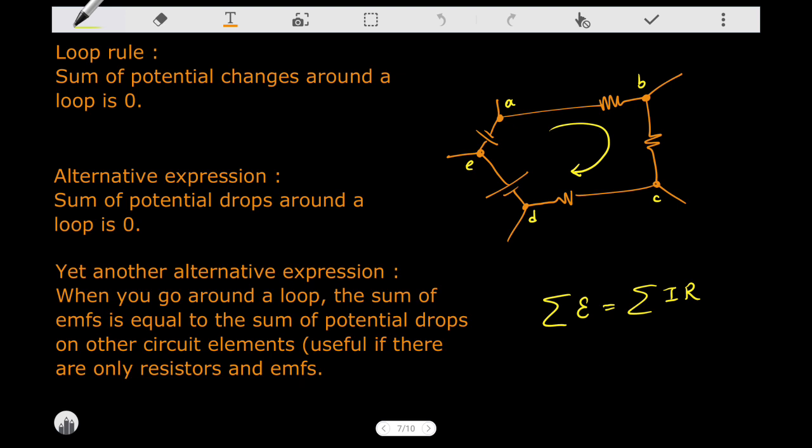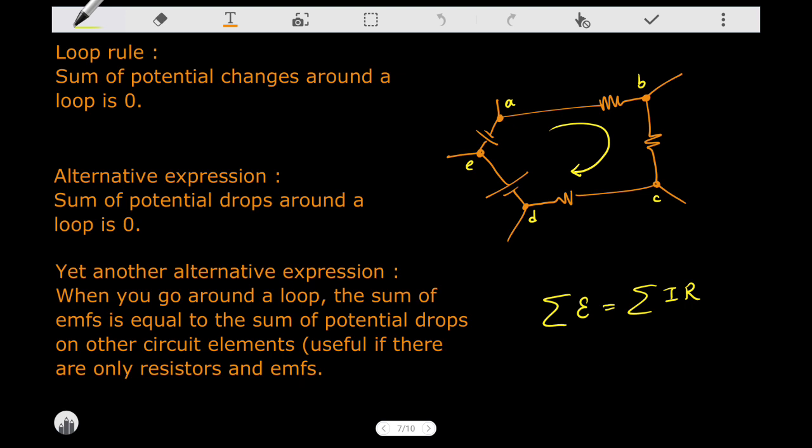Basically, you may want to treat the EMF devices differently from the resistors. And so as a result, you may want to compute the potential changes when you go across an EMF device and potential drops on the resistors.